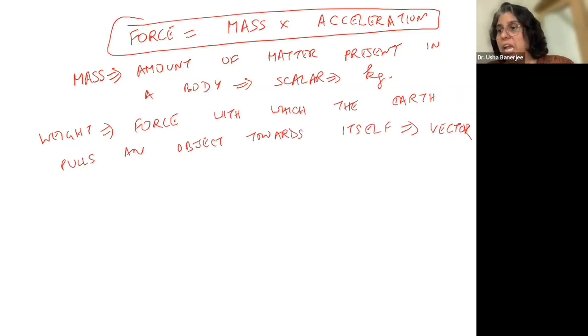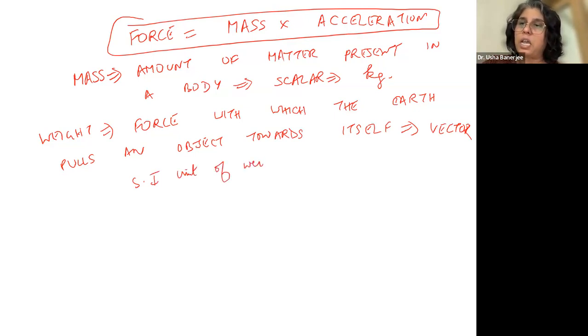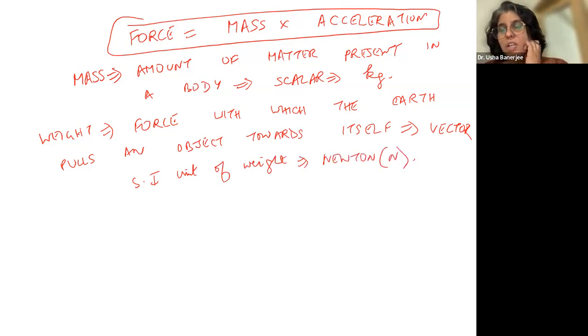Because the gravitational force of the earth pulls us downwards. The unit of weight, I'll give you a shocker now. The SI unit of weight is not kg, it is Newton. Weight is a force. So this is mass, this is weight. The correct SI unit of weight is Newton.